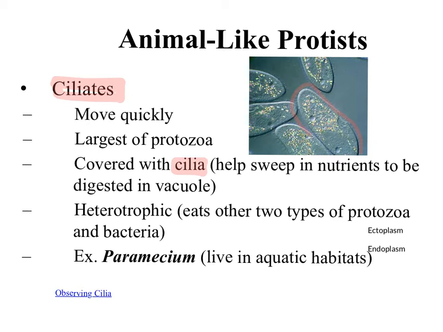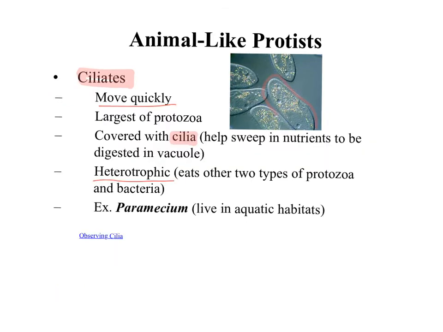And when you beat the oars at the same time, then the boat is able to move forward. That's exactly what cilia do, and as a result, they move very quickly. Like all our other animal-like protists, they are heterotrophic, so they eat other types of organisms. Okay, there might be a bit of a jump in the slide. I had to get rid of a bit of typo that hung out with me.